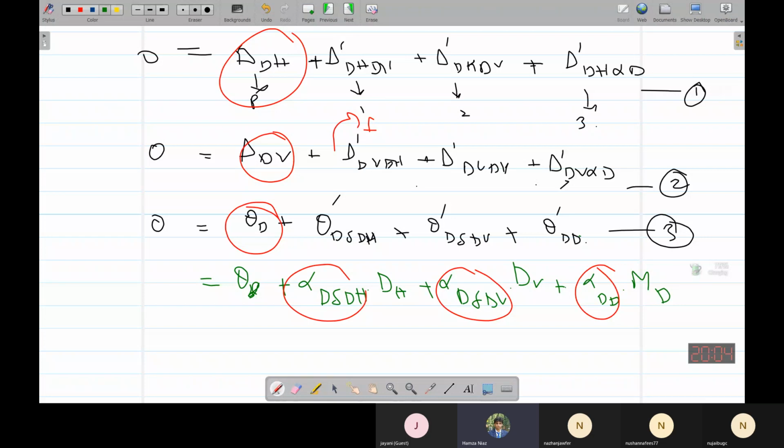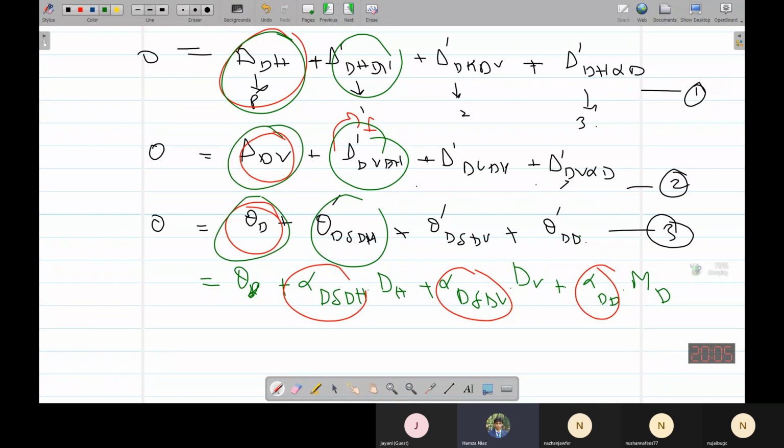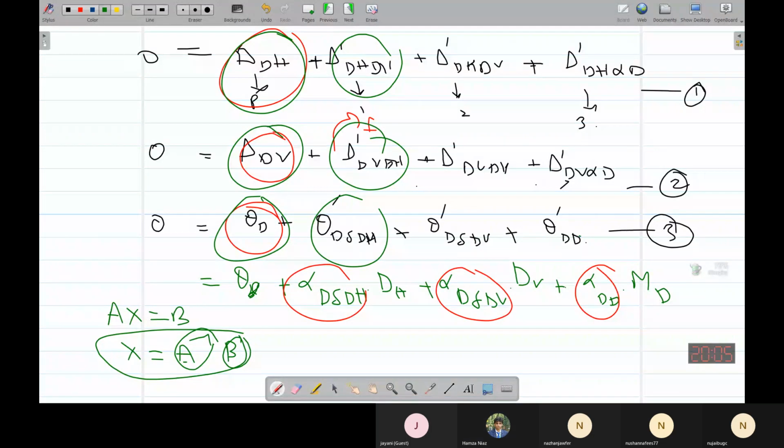If your calculator doesn't have that, just go to the matrix option and write down the coefficients of these terms as matrix A and these delta values as matrix B, and simply take the inverse of A and multiply it. Ax is equal to B, so x is equal to A inverse of B. We take the inverse of the coefficient matrix and multiply it with the B matrix.